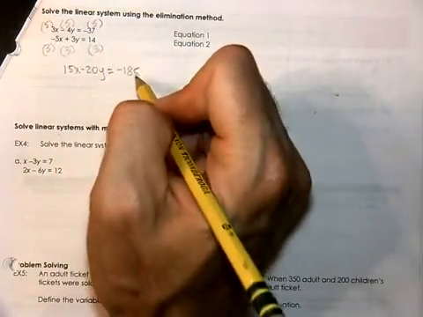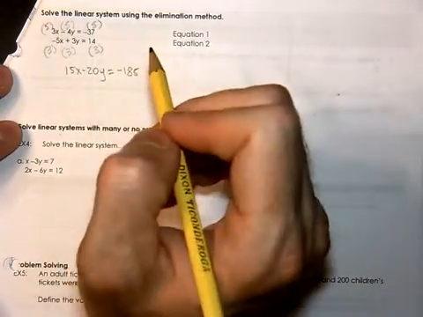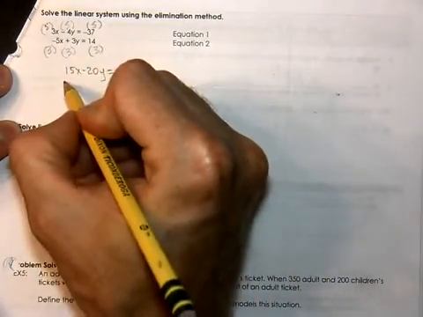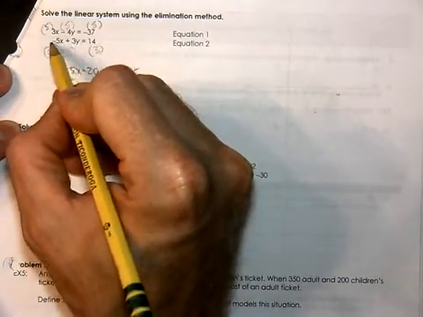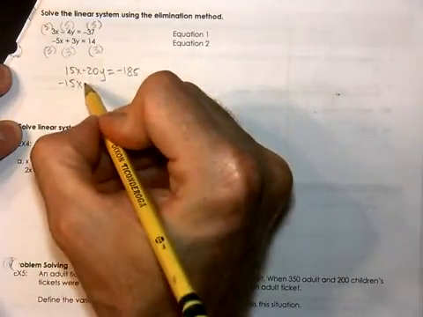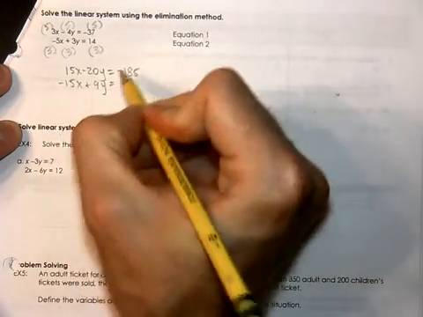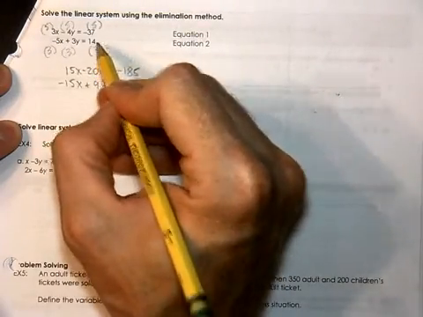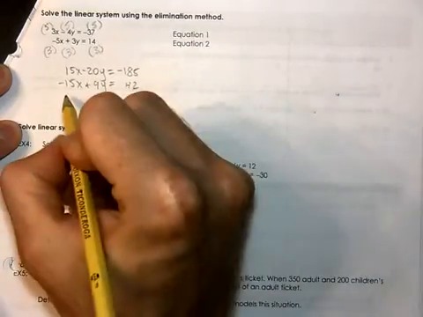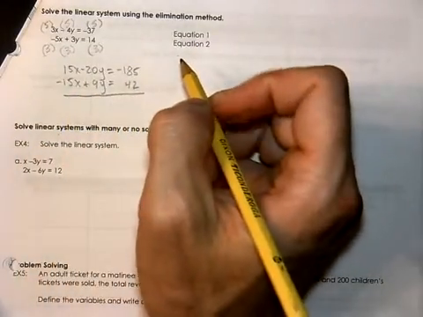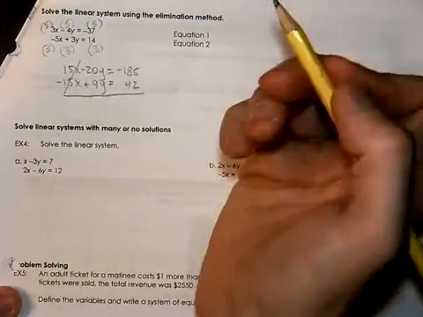Five times negative 37 is negative 185. Our second equation, 3 times negative 5 is negative 15. The x's cross out completely.